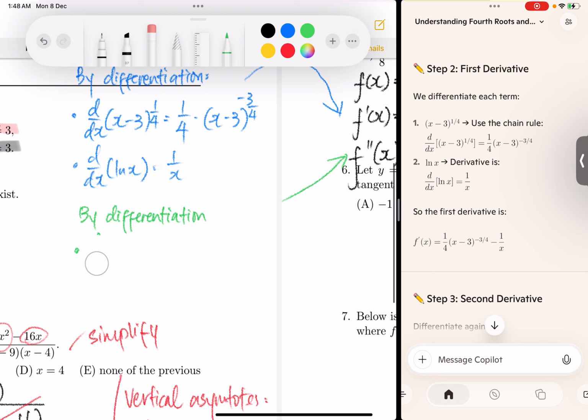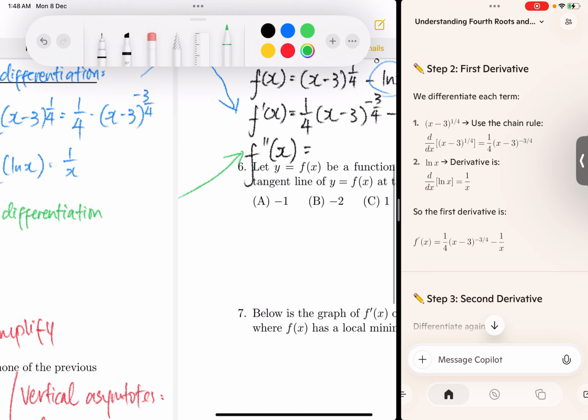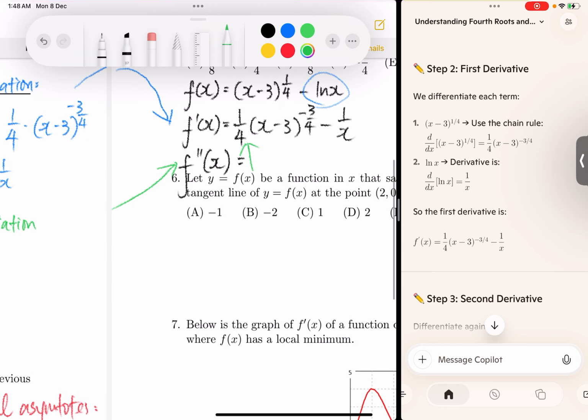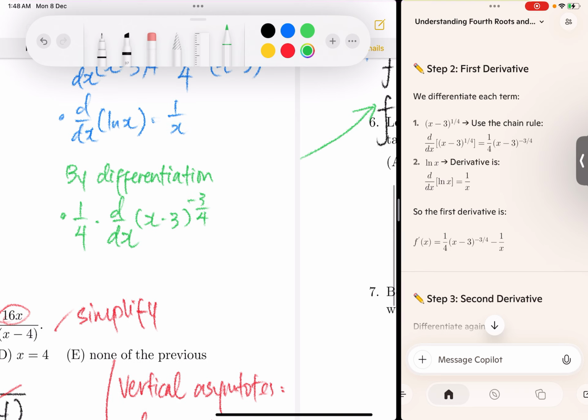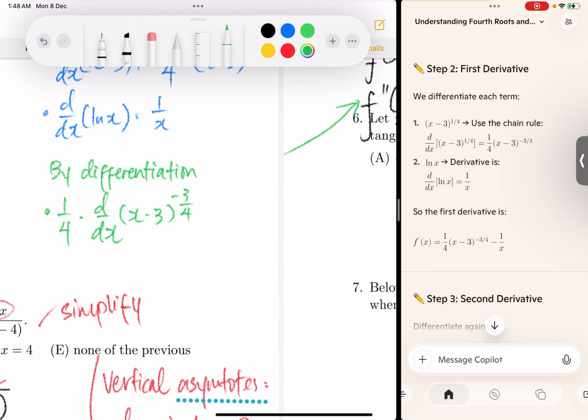Wait, no, there's 1/4 there now. There's 1/4 on the side that's multiplied to it now. So 1 over 4 times d over dx, x minus 3 to the power of negative 3/4. Okay, that will equal to 1 over 4 x.